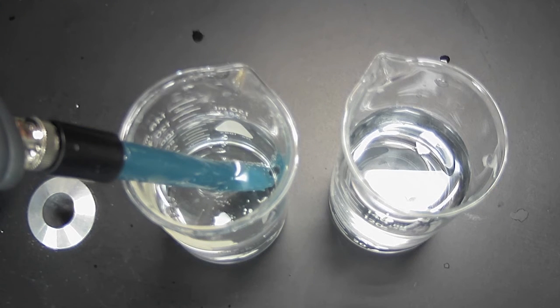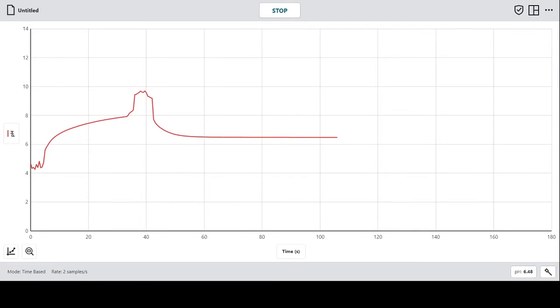All right, and then we'll pull our graph back up and see what's happened to our pH. Okay, so yeah, it's gone down even a little bit more. It went down about 0.2, and then now slowly starts to creep back up.